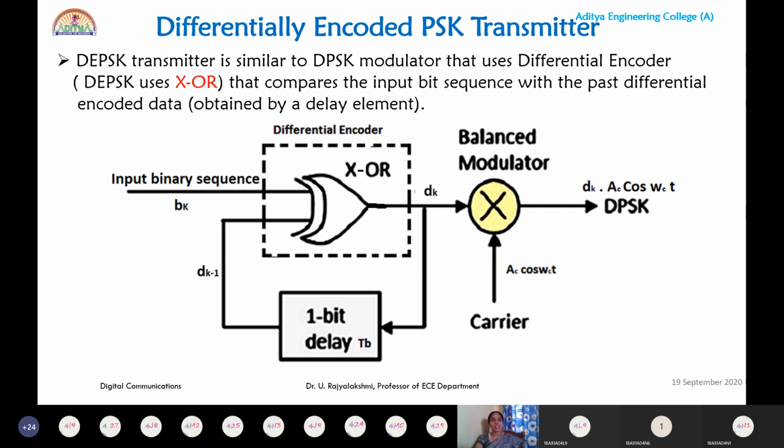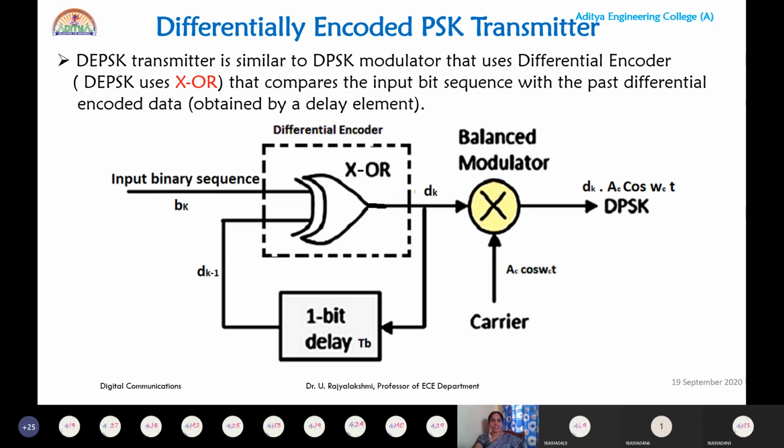Here, in the differential encoder, instead of XNOR we are using XOR. Remember, the differential encoder in DPSK follows XNOR operation.